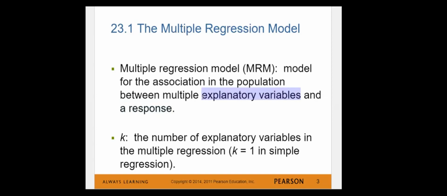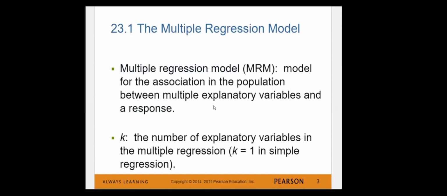You have more than one. It can be at least 2, 3, 4. When you have multiple explanatory variables or independent variables, considering the association of these explanatory variables to one response variable is called a multiple regression model.